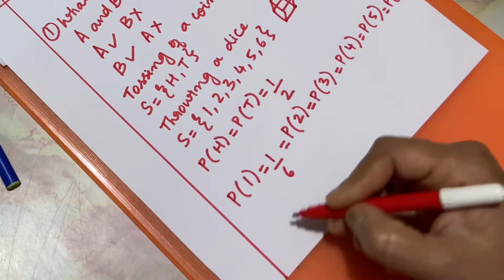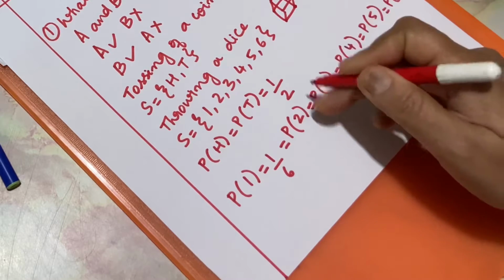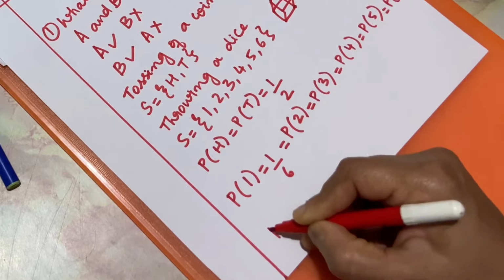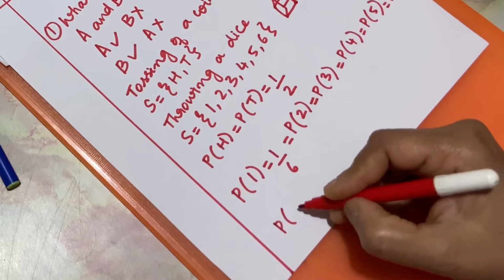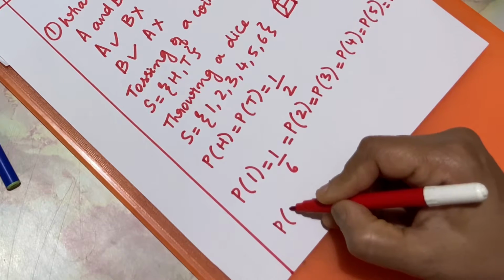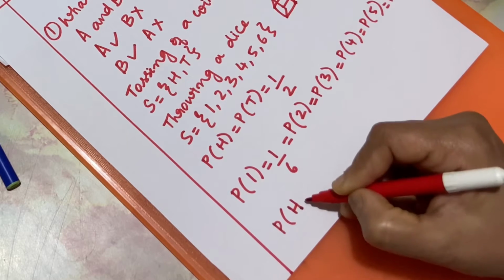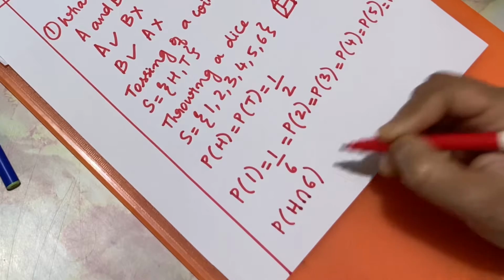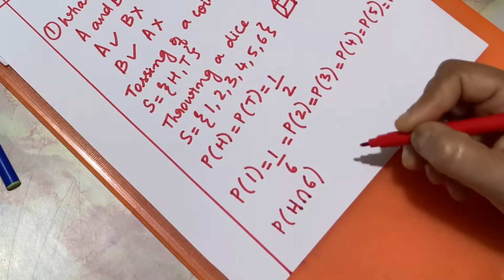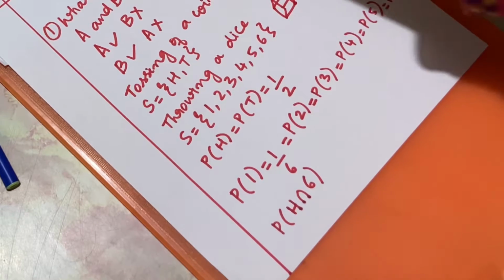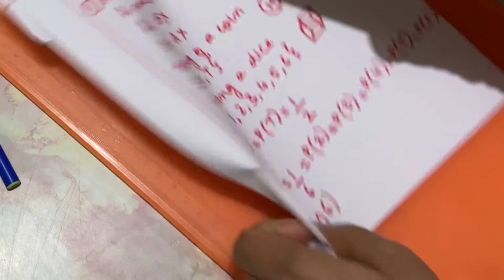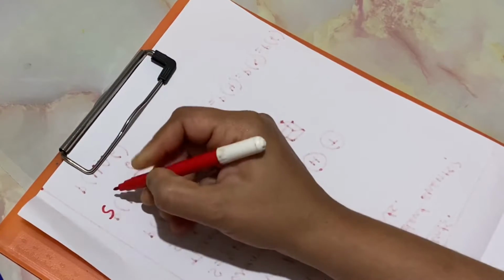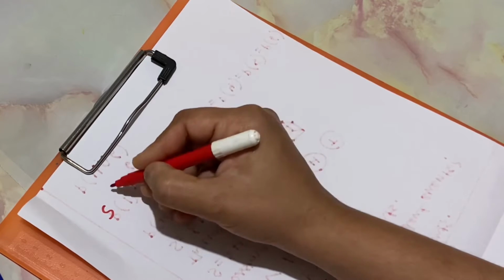Now, if I want to find out whether these events are independent or not, I calculate the probability of getting head and 6. For this I have to write a new sample space. I toss a coin and I throw a dice.